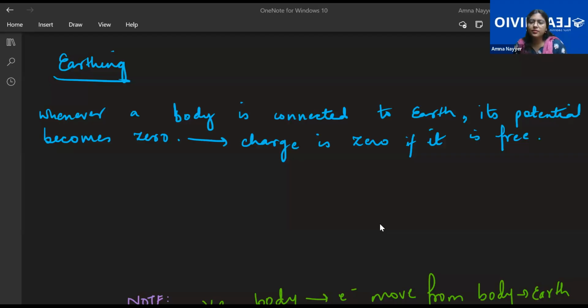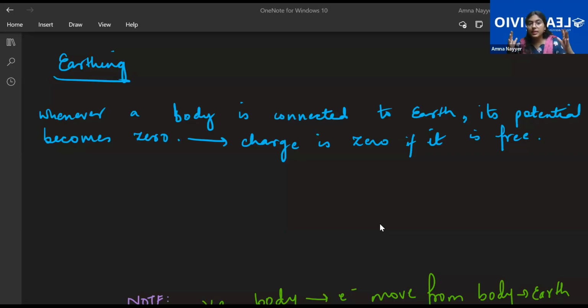Whatever the excess of charge, like if you have seen, at least in India you can witness this, huge trucks being driven on the roads. They have a metallic wire-like structure, a metallic pipe-like structure, which is constantly touching the road while it is moving.